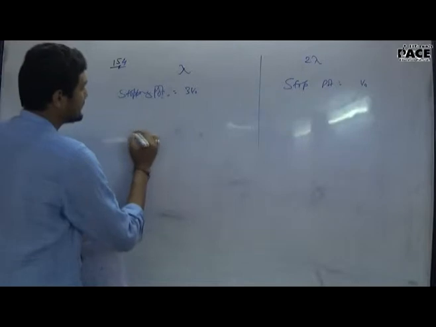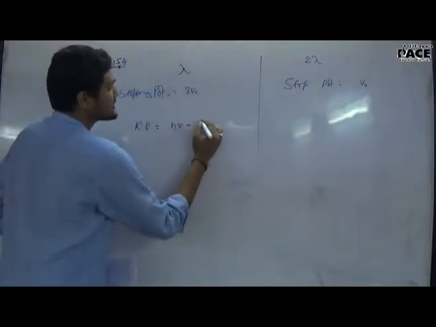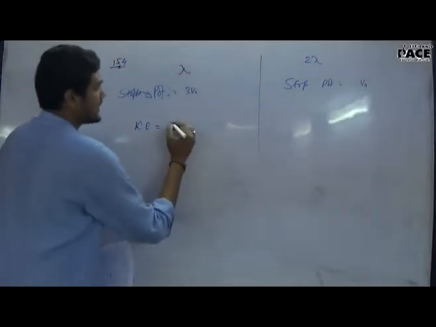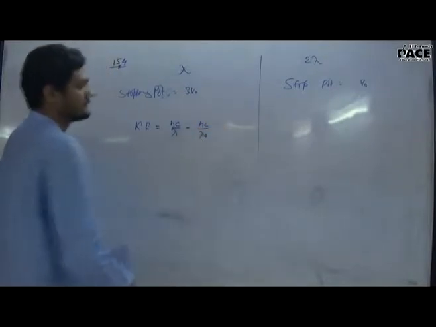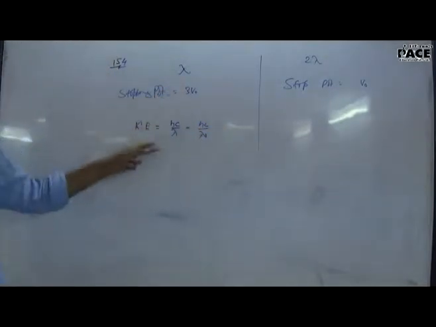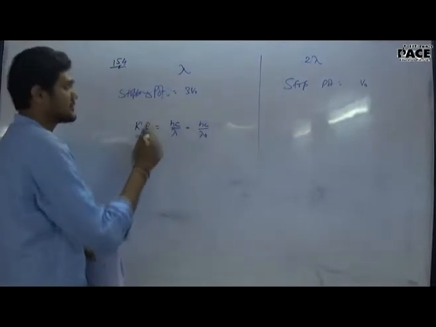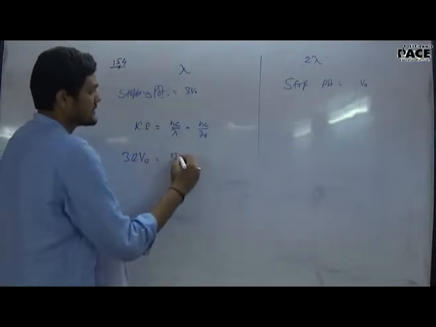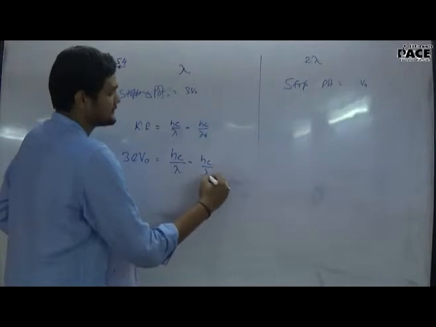For that we know that kinetic energy is equal to h nu minus h nu naught, or in the form of lambda, hc by lambda minus hc by lambda naught. Kinetic energy is nothing but charge into stopping potential. So the first equation is 3 e V naught equal to hc by lambda minus hc by lambda naught.